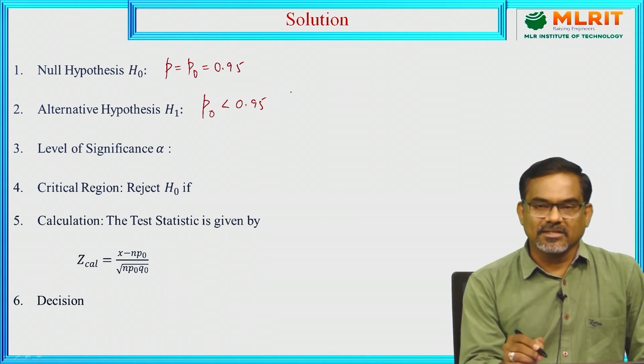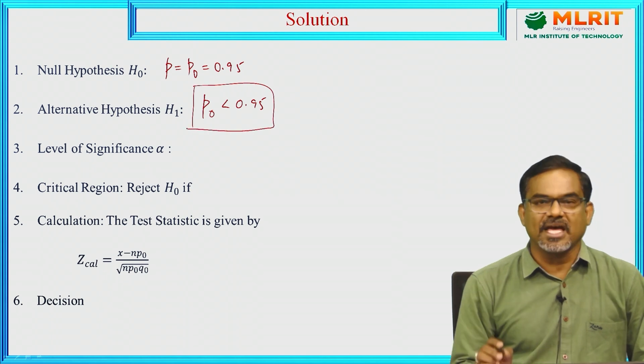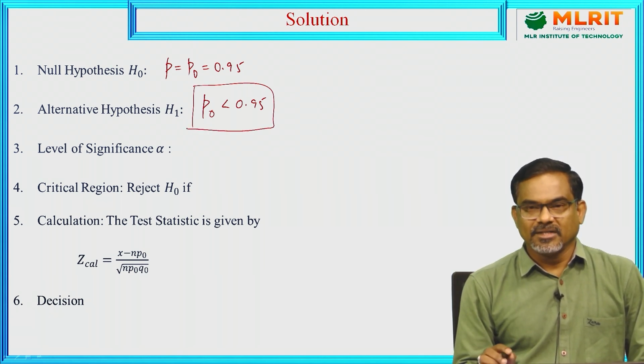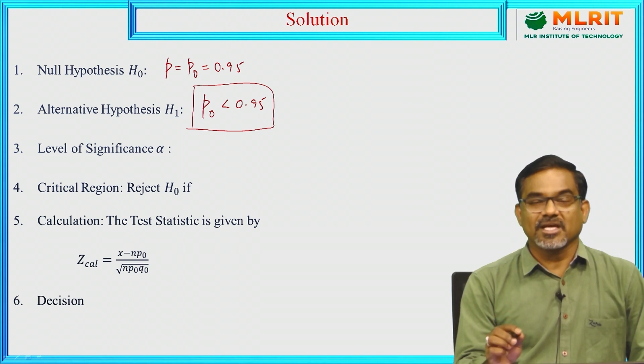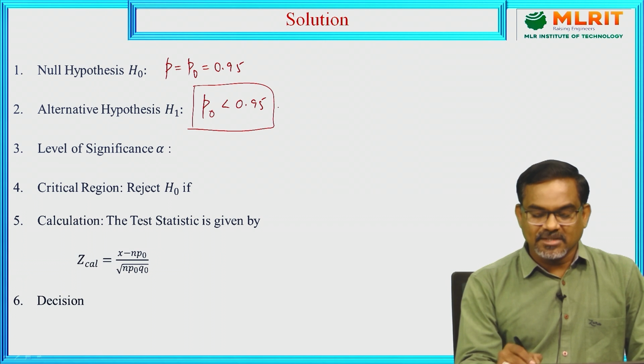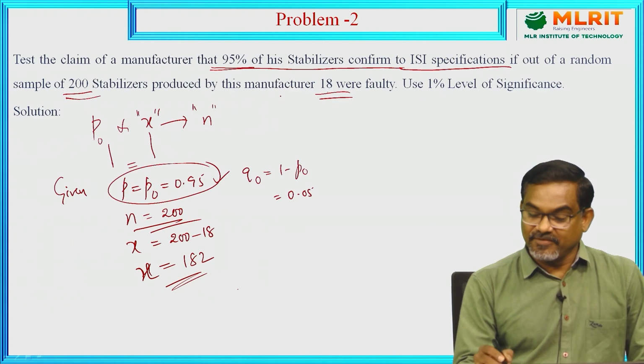To reject the manufacturer's claim, our alternative hypothesis must be less than 0.95. If we prove that out of 100, good stabilizers are less than 95, we can reject his claim. So, it comes under less than type problem, and the level of significance is given as 1%.